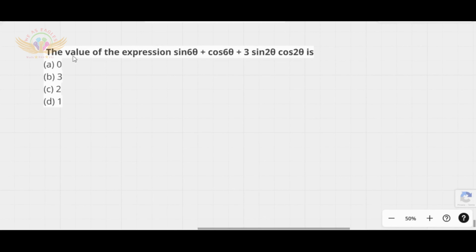Here is another question. The value of the expression sine power 6 theta plus cos power 6 theta is equal to 3 sine square theta plus cos square theta. So we have to find out the value of sine power 6 theta plus cos power 6 theta plus 3 sine square theta into cos square theta.